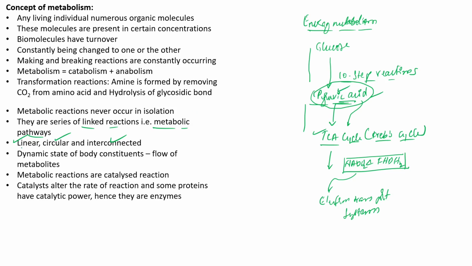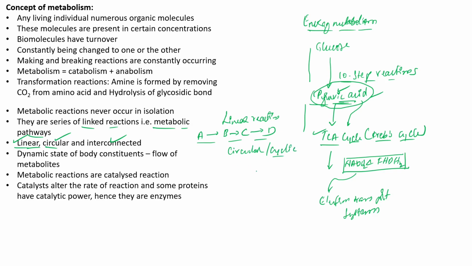And also we said that the reactions may be circular, or they may even be linear. What do we mean by linear reactions? For example, A is converted into B, B is converted into C, C is converted into D. These kinds of reactions are called linear reactions. Whereas some reactions may also be cyclic or circular in nature.